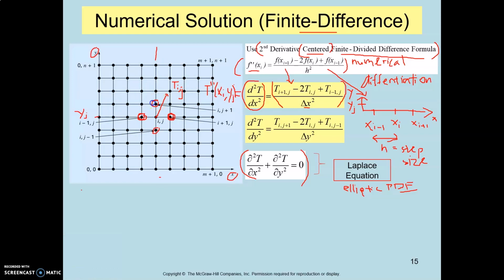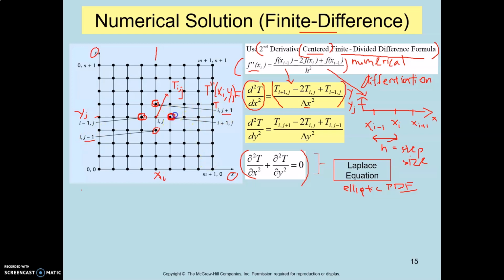So the temperature at the top can be represented by this symbol. Since x is constant, your xi remains, so therefore your i remains when you move up or move down, but your j dimension, which is here, when you move up becomes j plus 1, and move down becomes j minus 1.